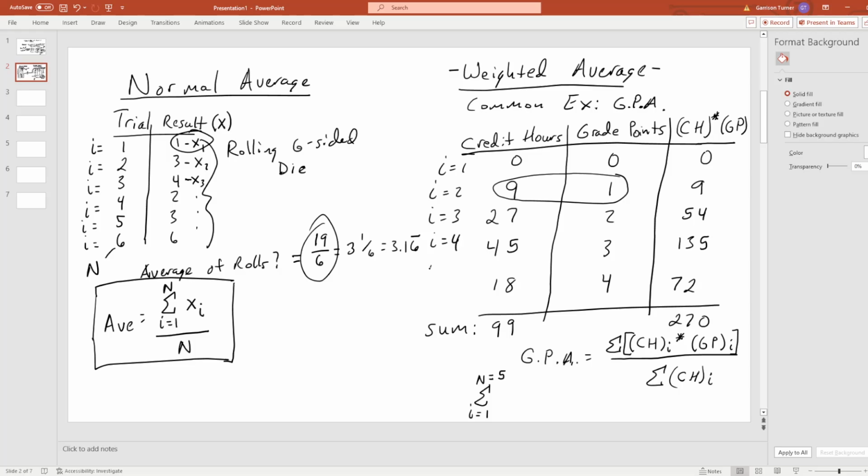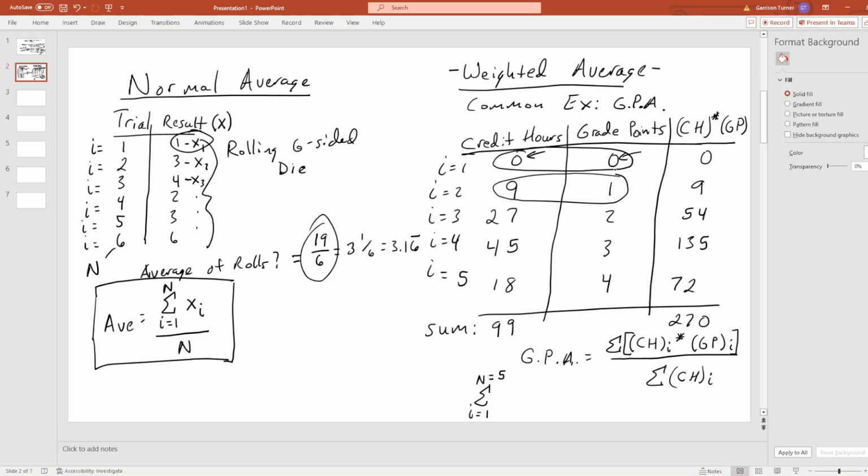Okay. So if I look at the i equals 1 row, let's actually look here first. What this is claiming is that I haven't earned any grade points at a 0 credit hour level. And so what that means is I haven't earned any Fs.